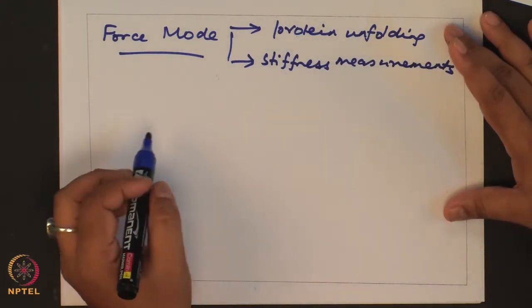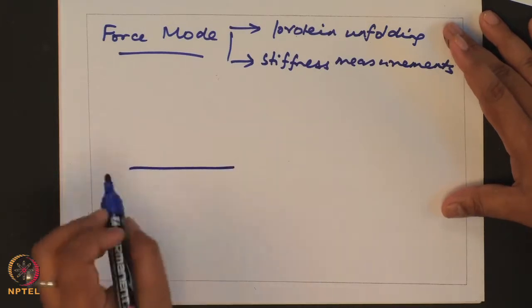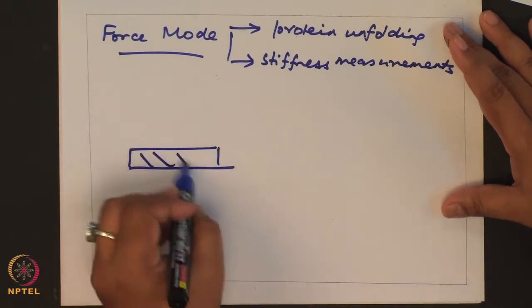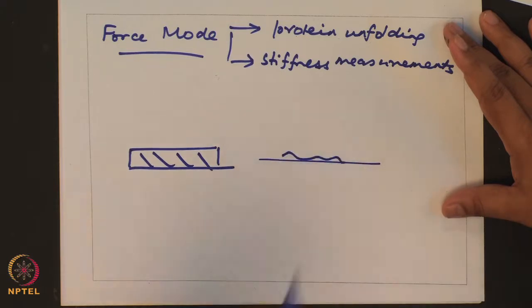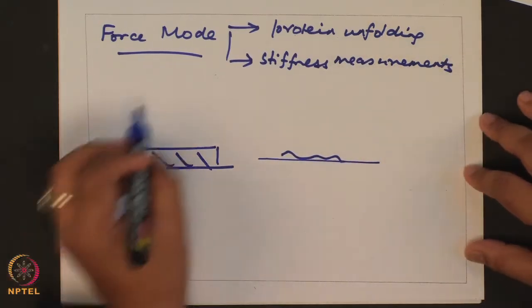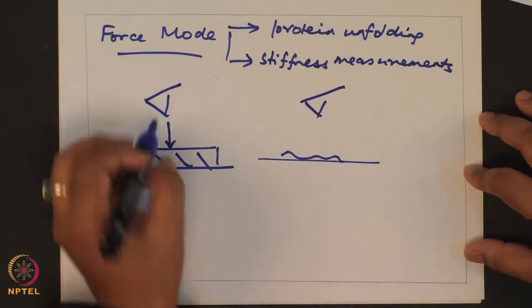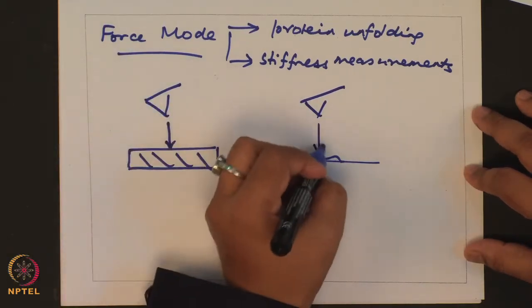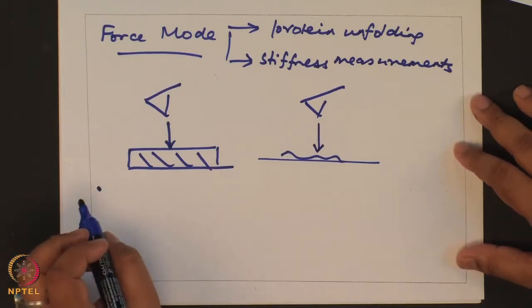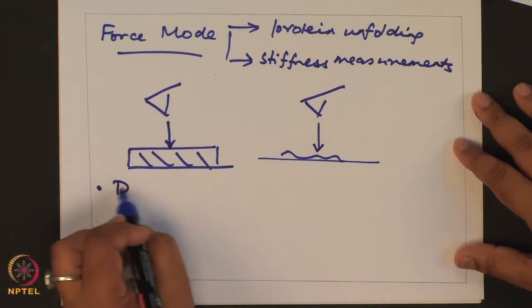Okay. What is done here is, again, whether it is a sample of a given property, or a tip lying on a surface, or a protein lying on a surface, you have a tip and you bring it down. When you are bringing it down, what you control is again the deflection set point.